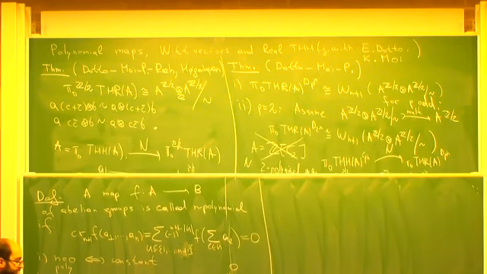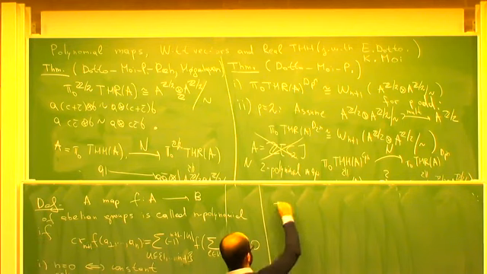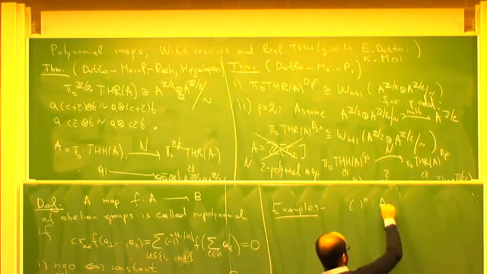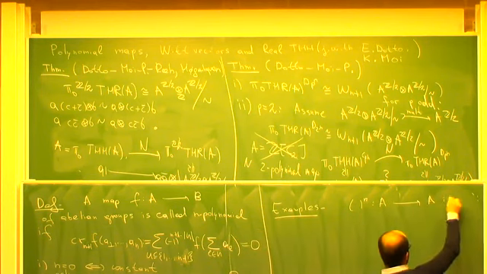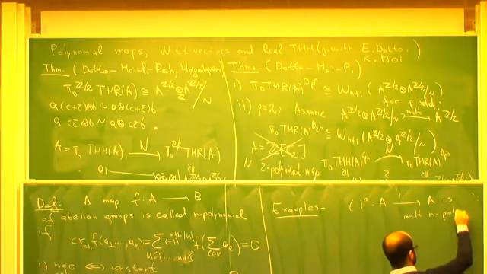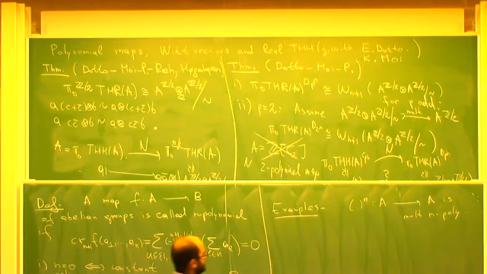Okay, so when I'm interested in multiplicative and polynomial maps, let me just give you right away examples of this thing. There are many examples. One of them is, for example, for any ring A the nth power map from A to A is multiplicative and polynomial. For example, the identity is one polynomial because the second cross effect vanishes.